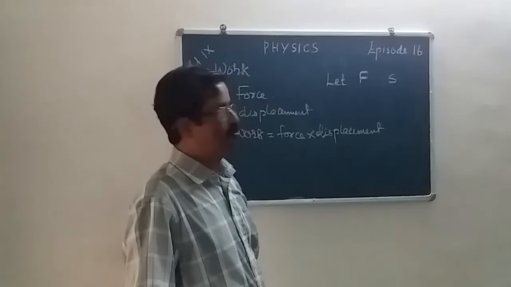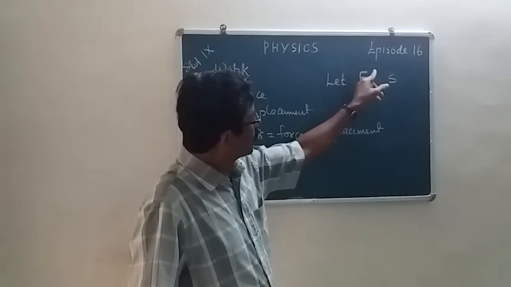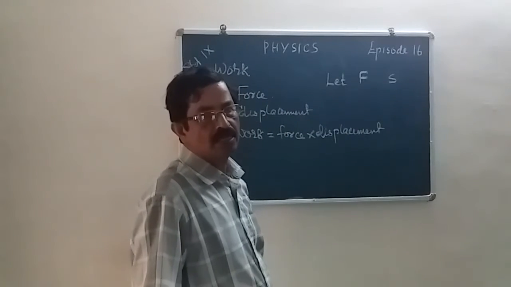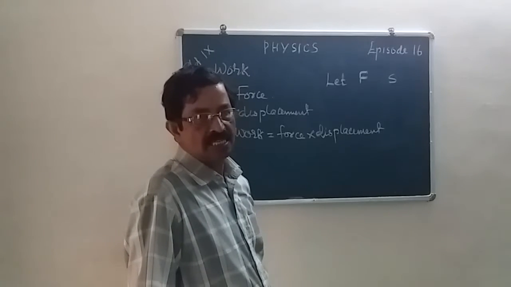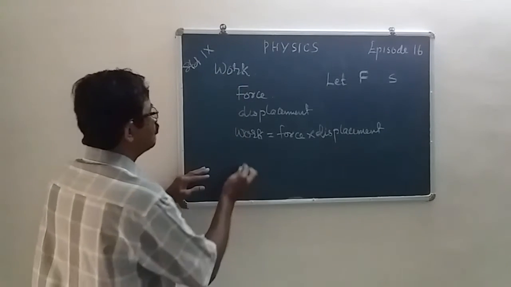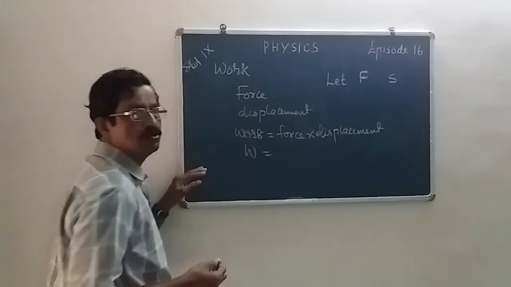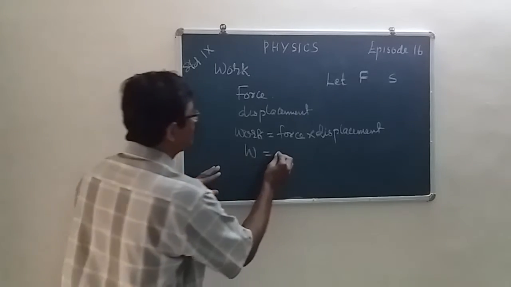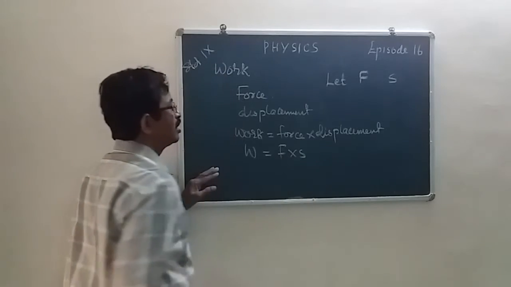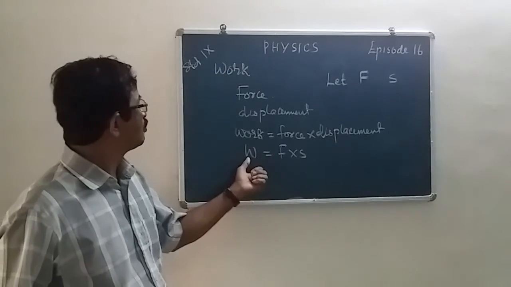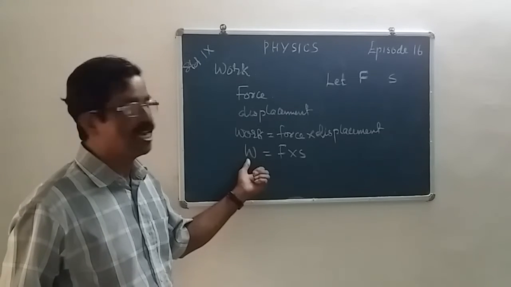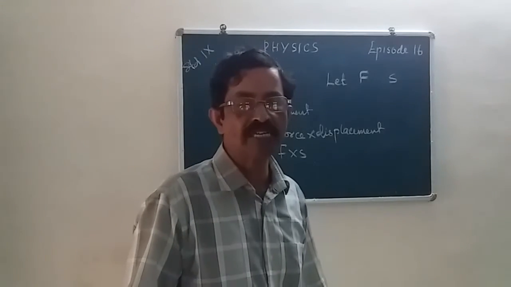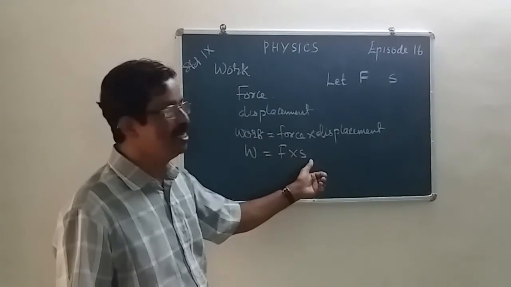That is, we applied a constant force F, and if that force displaced the object by S, then the work done by that force, W, is equal to F into S. From this we get the idea that work is the product of force and displacement.